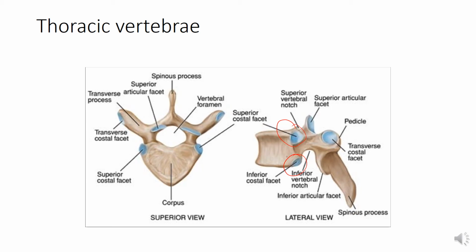The 12 ribs are present in the region of the thorax, and they form joints with the vertebral bodies. The characteristic feature of the thoracic vertebrae is the presence of costal facets on the bodies, and they are larger than the cervical vertebrae. No foramen transversarium here, and there is a long spinous process, not bifid.